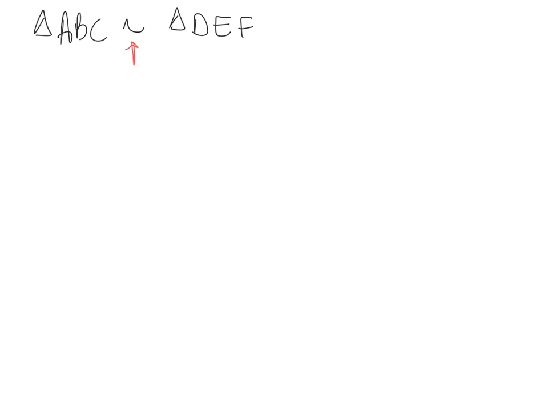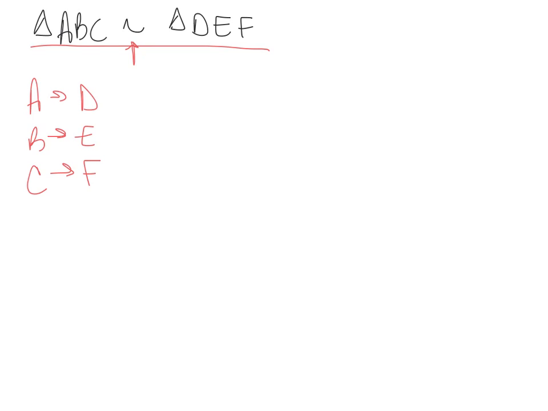So that similarity transformation takes A to D, B to E, and C to F in the correct order. So when we see triangle ABC is similar to triangle DEF, we know that there's a correspondence.